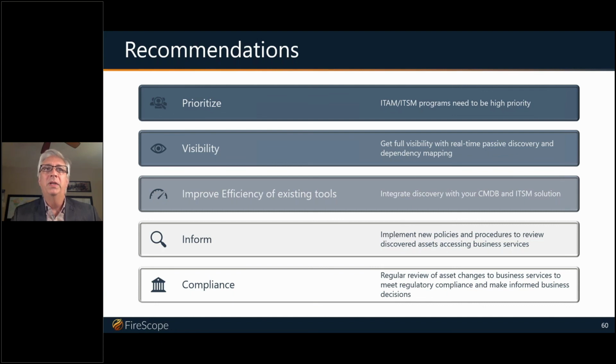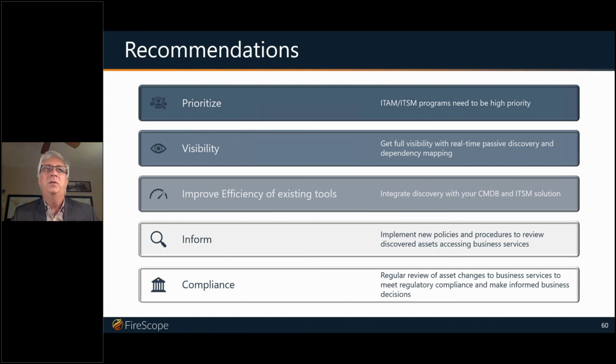And one of the most important things is you have to integrate your discovery and dependency mapping with your CMDB and your ITSM solution, because that's where you really get the value. Your IT support and your service desk agents are going to be informed with the latest information, and they'll be able to solve issues a lot faster and prevent incident storms as well.